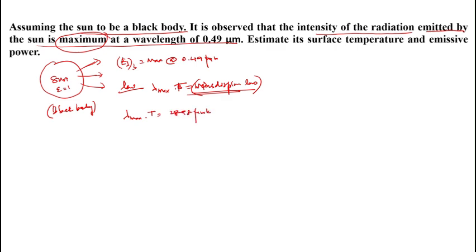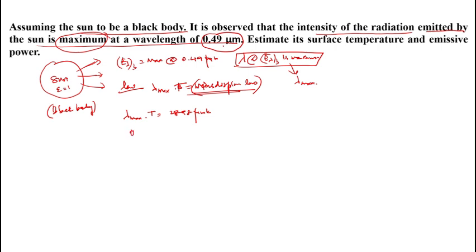Lambda max is already given. Again, I am saying it is not simply a lambda max; it is the lambda at which the emissive power is maximum. That is why, at the maximum wavelength, we call it lambda max.